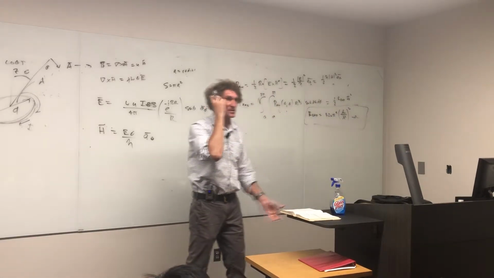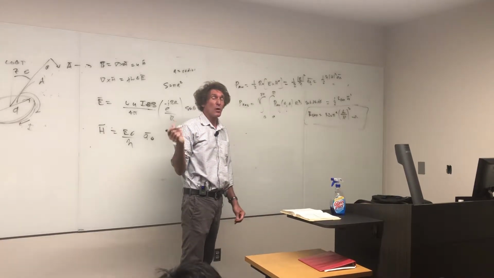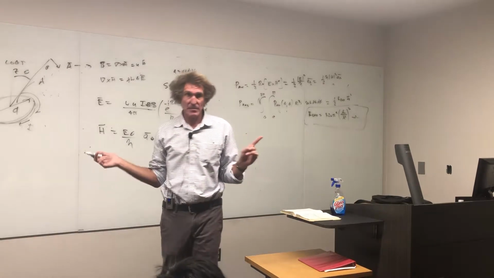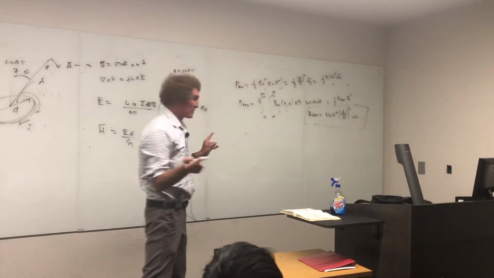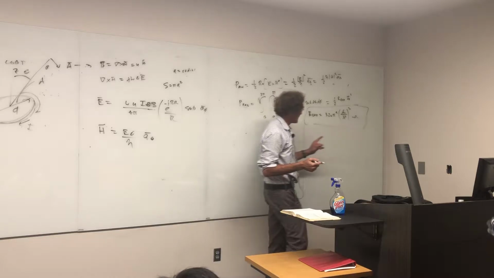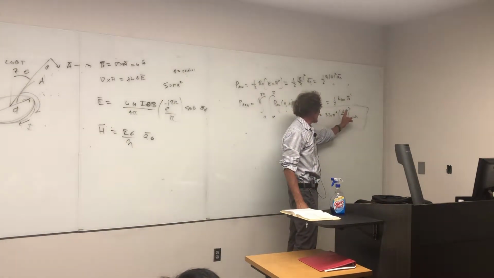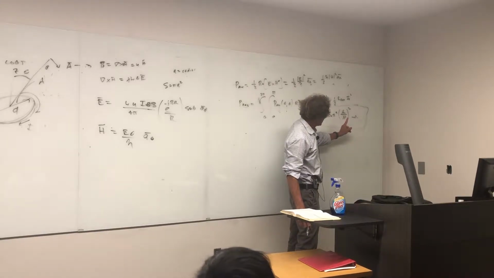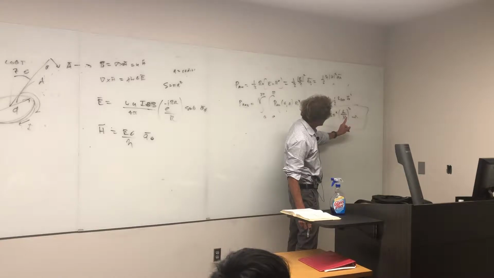And I want to make mention of something. Remember what our qualifier was, that the diameter of the loop had to be much less than lambda? Make it lambda over 10. If you take lambda over 10 here as the length, and then you divide it by lambda squared, oh my goodness.